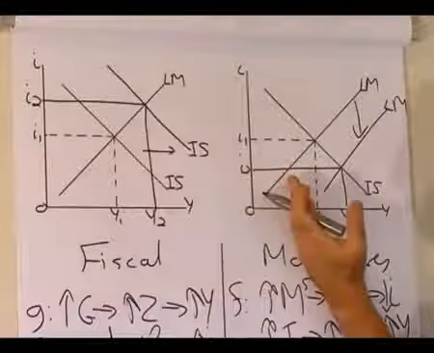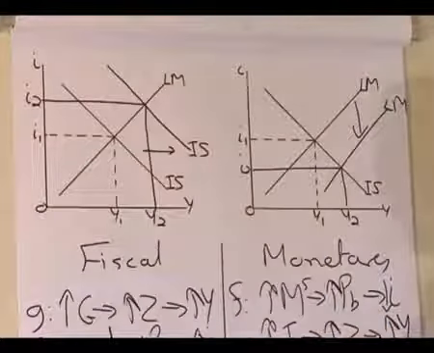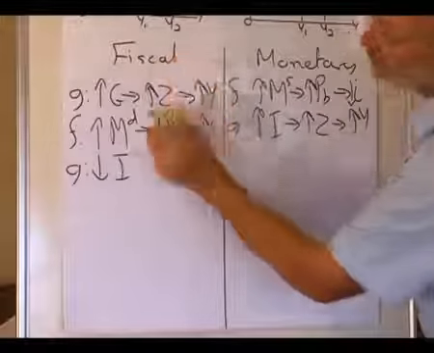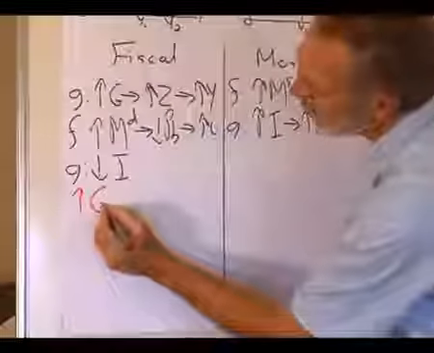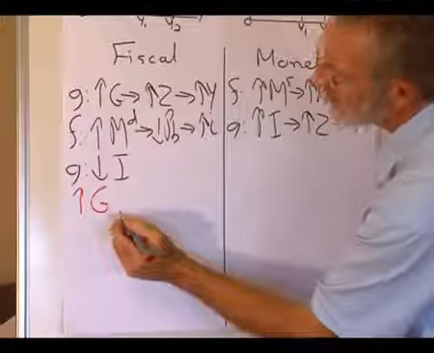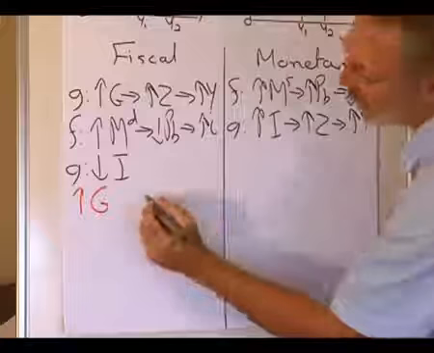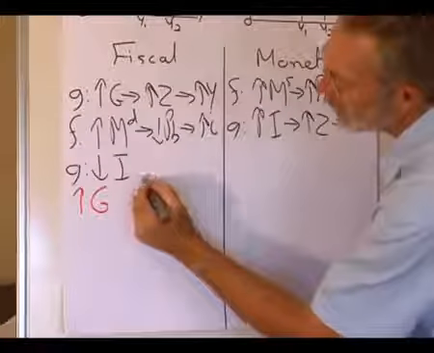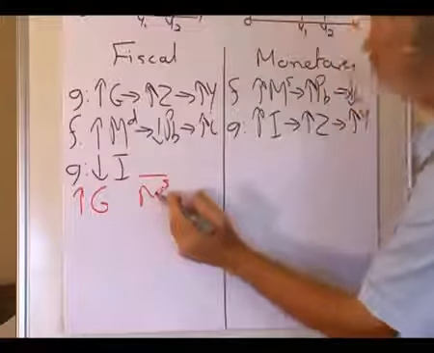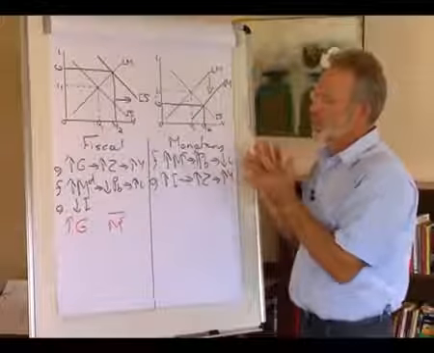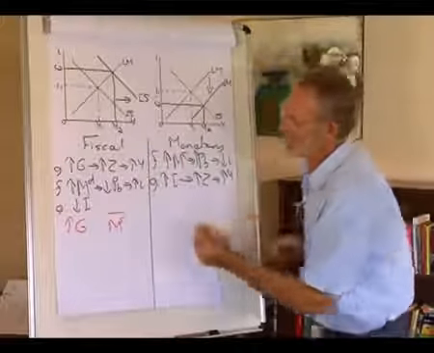But these are not the only variables that we need to compare. With fiscal policy, we see there's an increase in government spending, but nothing happened to the money supply. So money supply is constant. Monetary policy deals with money. We had an increase in the money supply.